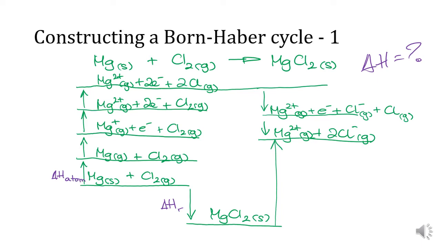I've then got the energy that it takes for me to remove an electron, so that is first ionization energy. Then I've got the second electron coming off, which is second ionization energy.